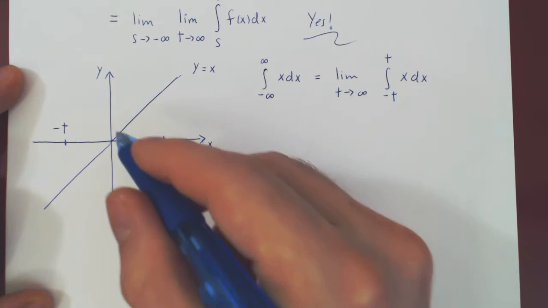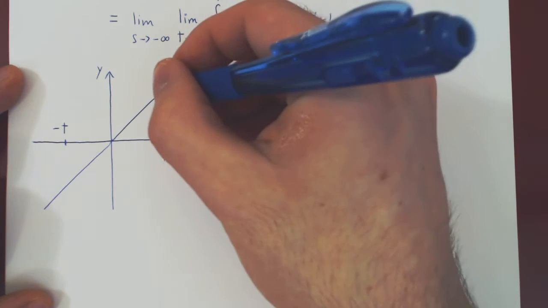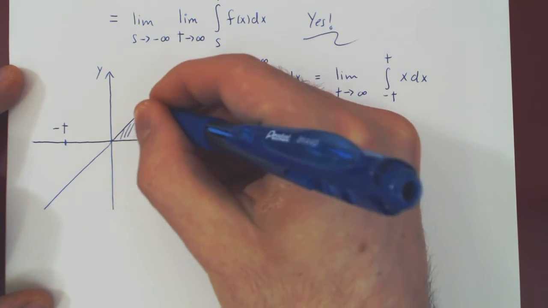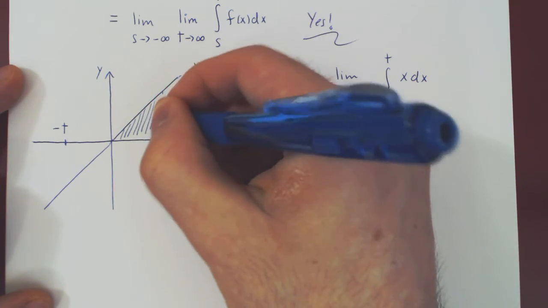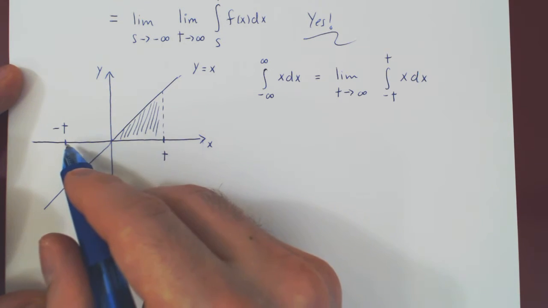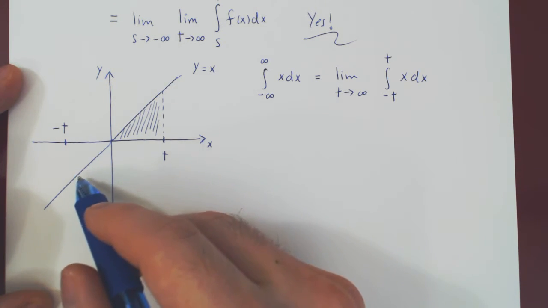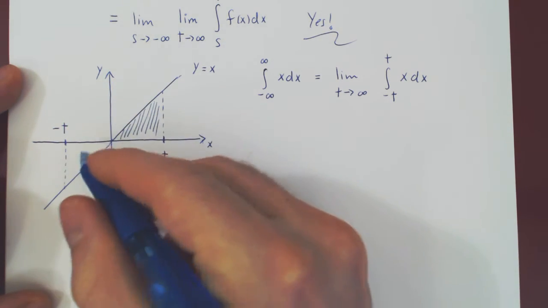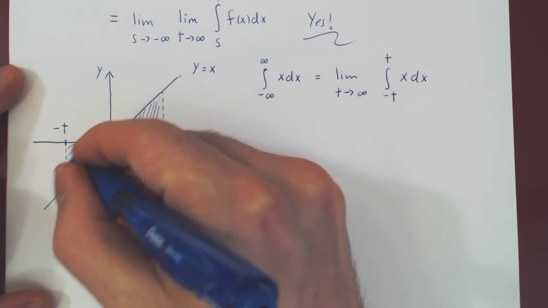So geometrically, if you look from 0 to t, we will obtain the area below the curve y equals x from 0 to t. From negative t to 0, as the curve is negative, we will obtain not the area, but the negative of the area of this region.